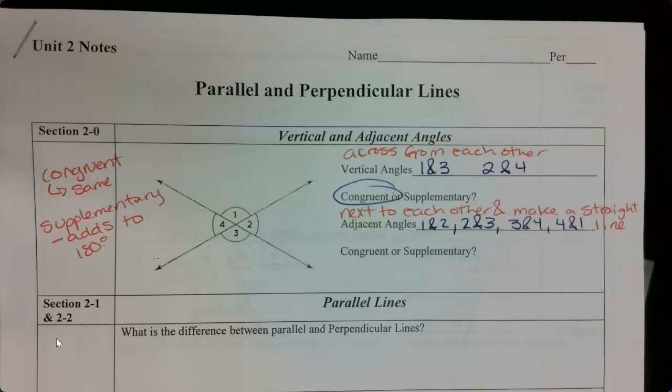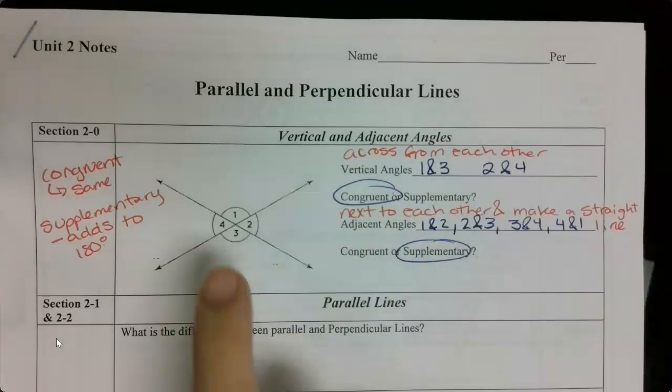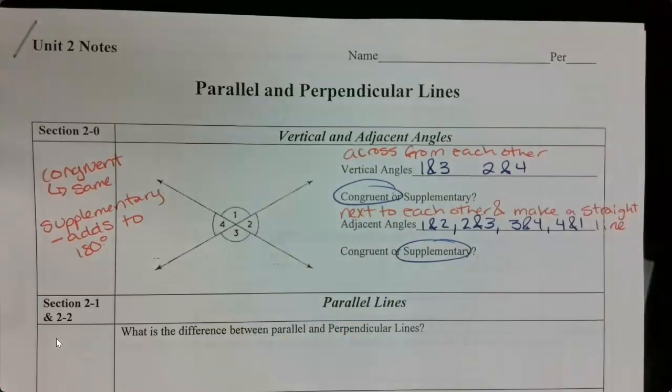So are adjacent angles congruent or supplementary? Supplementary, because these are making the straight line, and the straight line is 180.